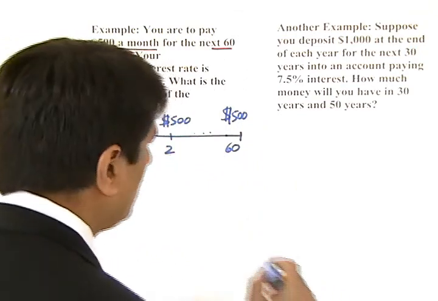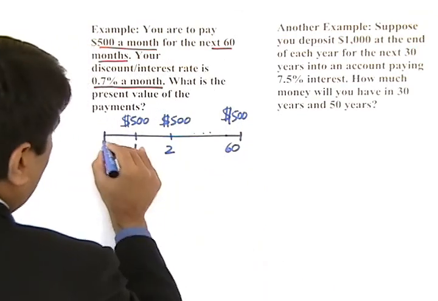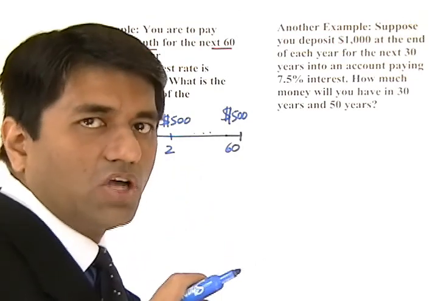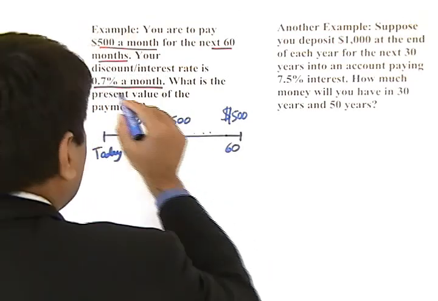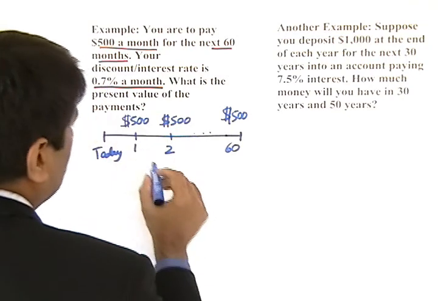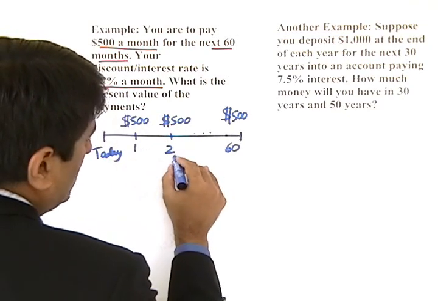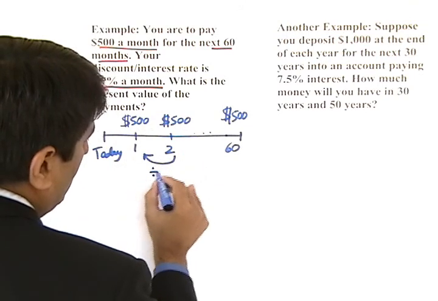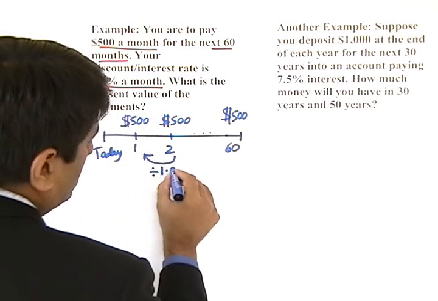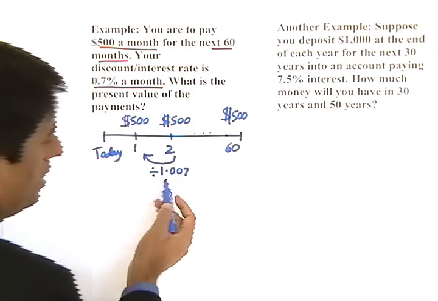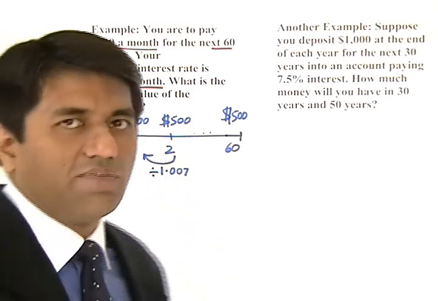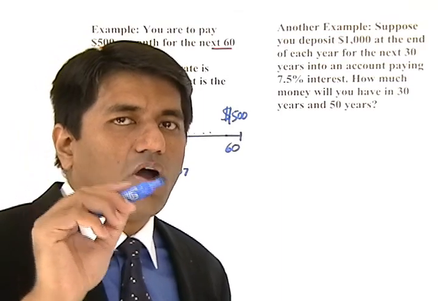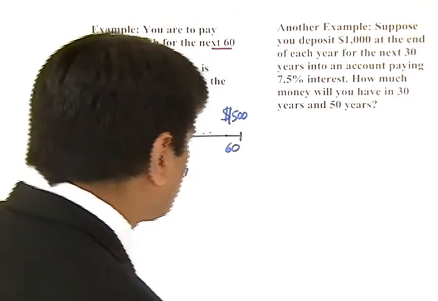And the rate of discount is 0.7% a month, which means that when you move back by a month, you divide by 1.007. So 0.7% equals 0.007.